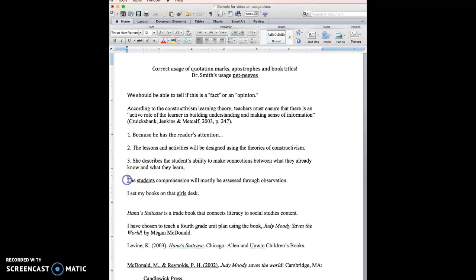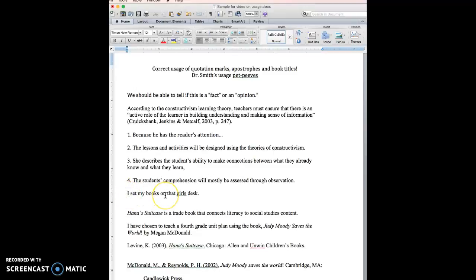And here, number 4, we have students again. "The students' comprehension will mostly be assessed through observation." So let's assume here that this comprehension is going to be assessed for all of the students in a class. So we're going to put the apostrophe after the S to indicate that it's multiple students.